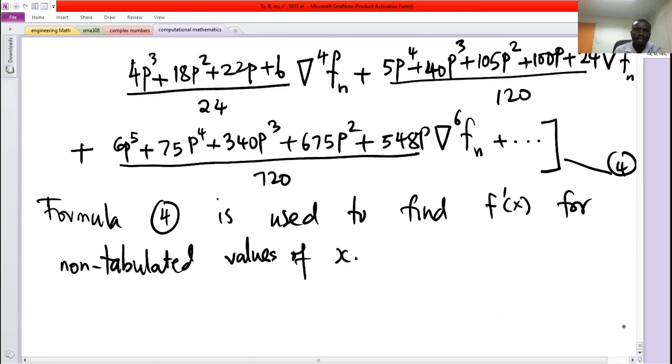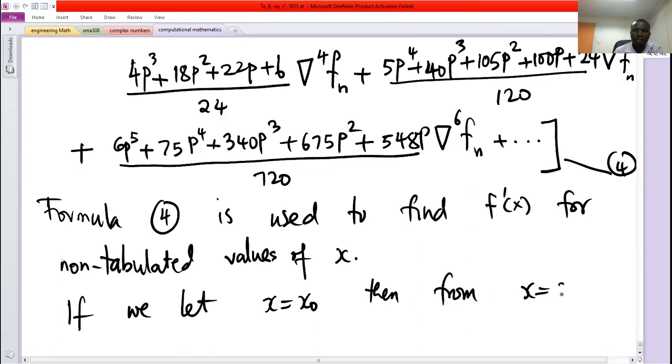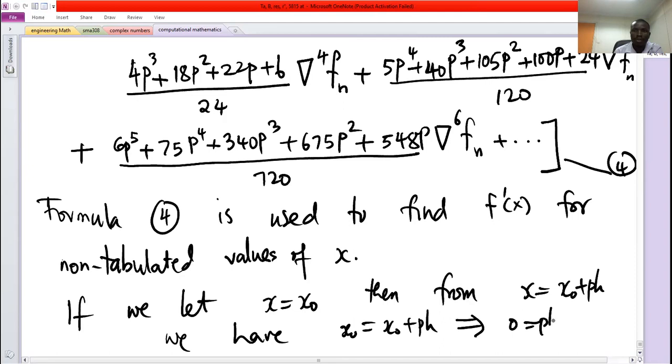So if we set x to be x naught, then from x equals x naught plus ph, we have x naught equals x naught plus ph, which means 0 equals ph, which means p equals 0.